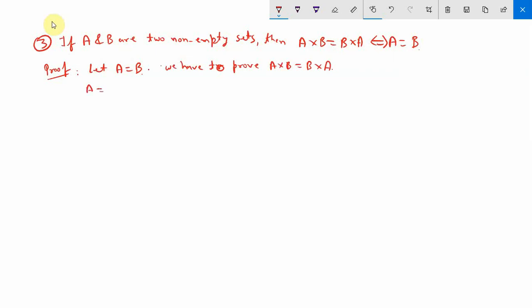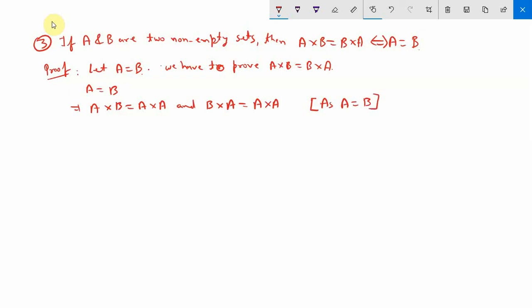So A equal to B, so we can write A × B equal to A × A. Okay. And we can also write B × A equal to A × A. Why? Because A is equal to B, as set A equal to B.